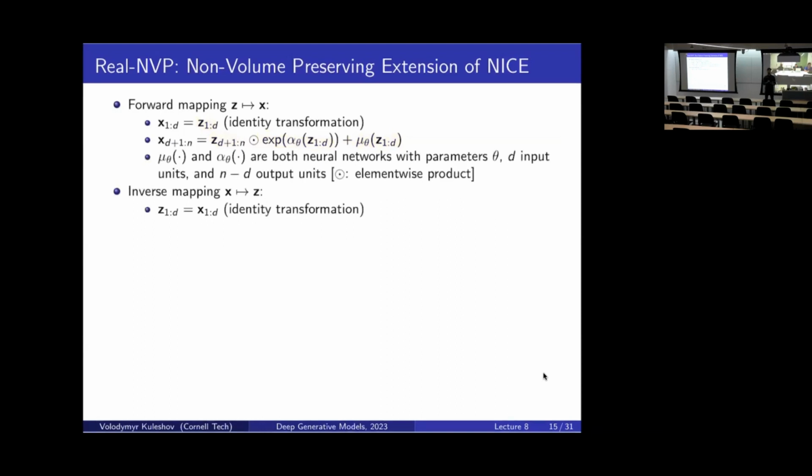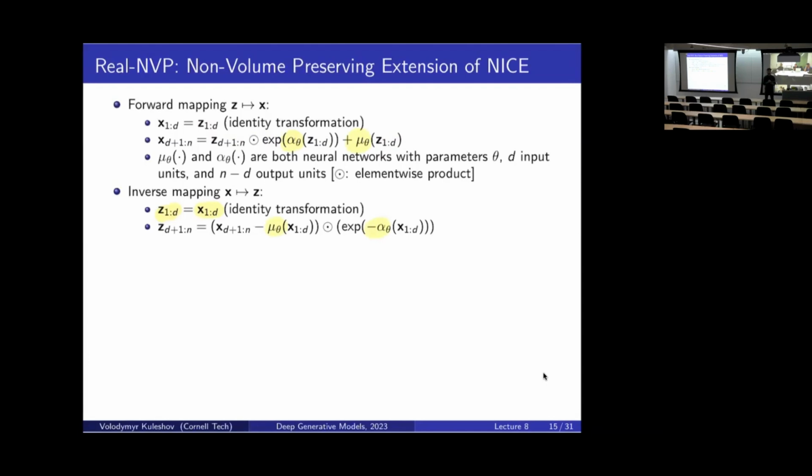Again, for the first component, we perform the identity transformation. And for the inverse, we do the same thing, because we know xd, we know z exactly. Therefore, using z, we can compute the alpha and the mu that was used in the forward mapping. That's just exactly these two terms.